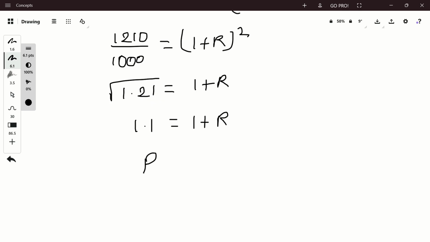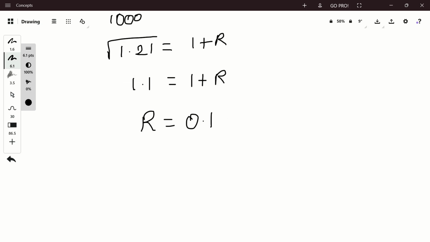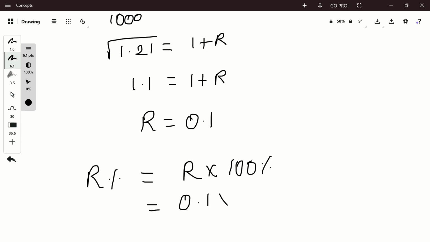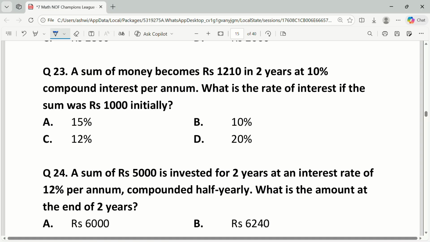Solving for r, r is equal to 0.1. Rate percentage is equal to r into 100%, which is 0.1 into 100%, which is equal to 10%. Comparing with the given options, the answer is B, 10%.